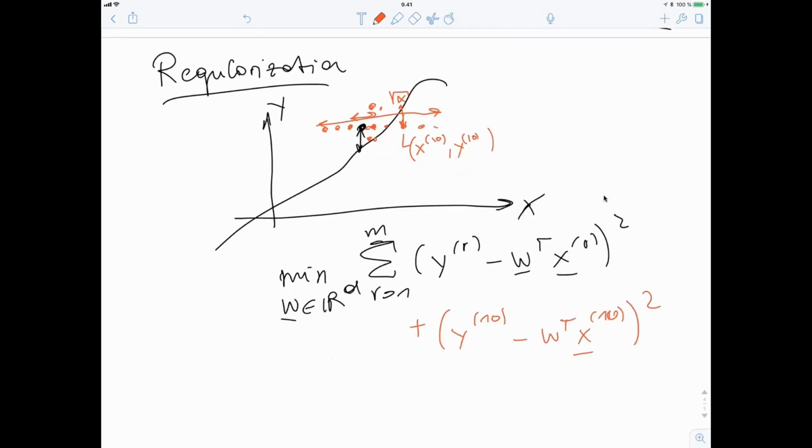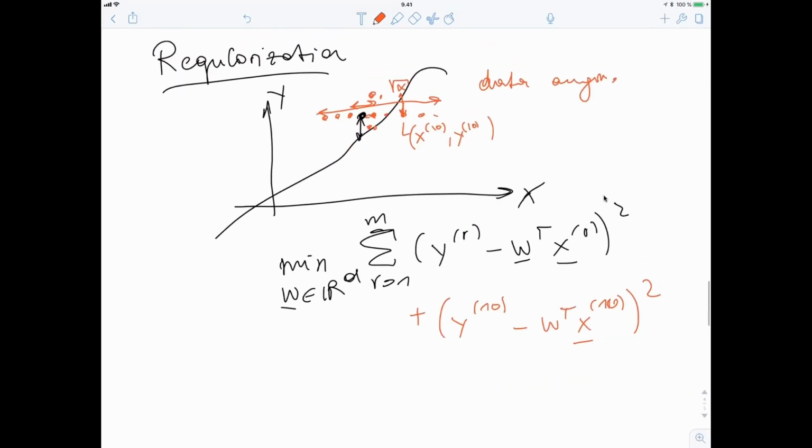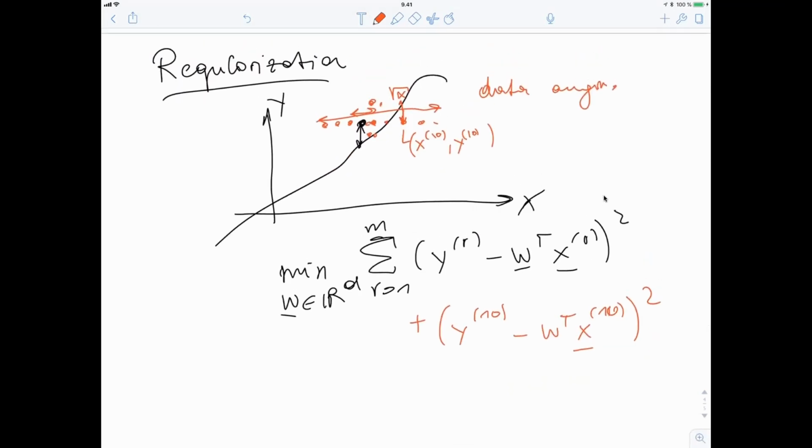And you can increase M as large as you want, as many realizations as you draw. So this is called data augmentation. This is one form of regularization. Another form comes naturally out of this process because you can collect these additional terms into a single term.